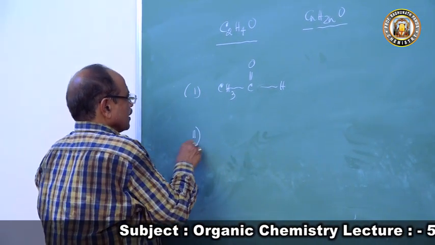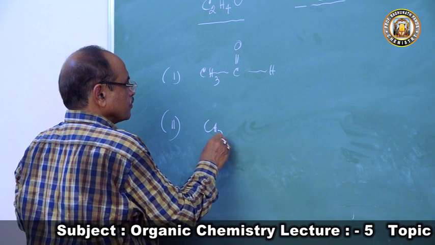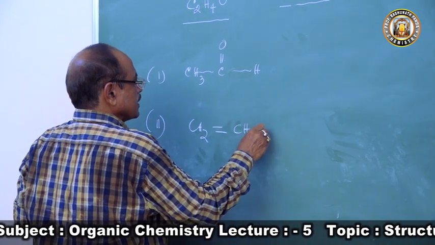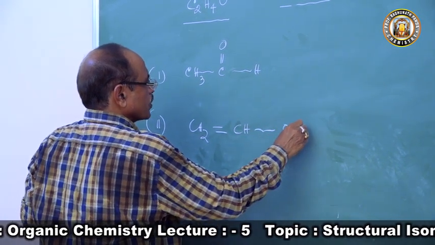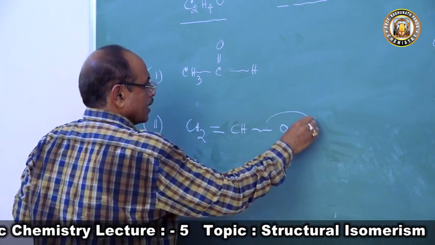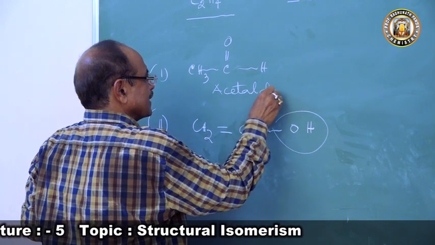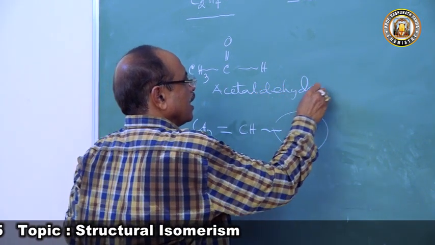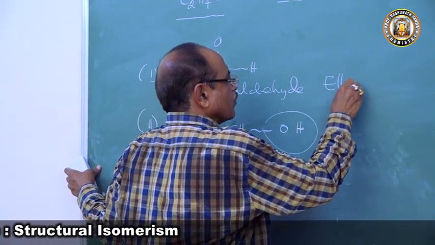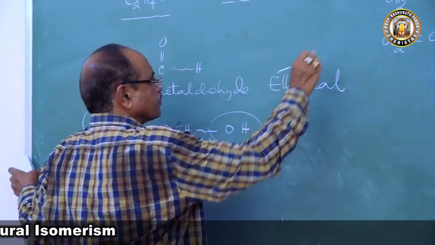So it can be CH2=CHOH. Now this is acetaldehyde, or ethanol, whose IUPAC name is ethanol.